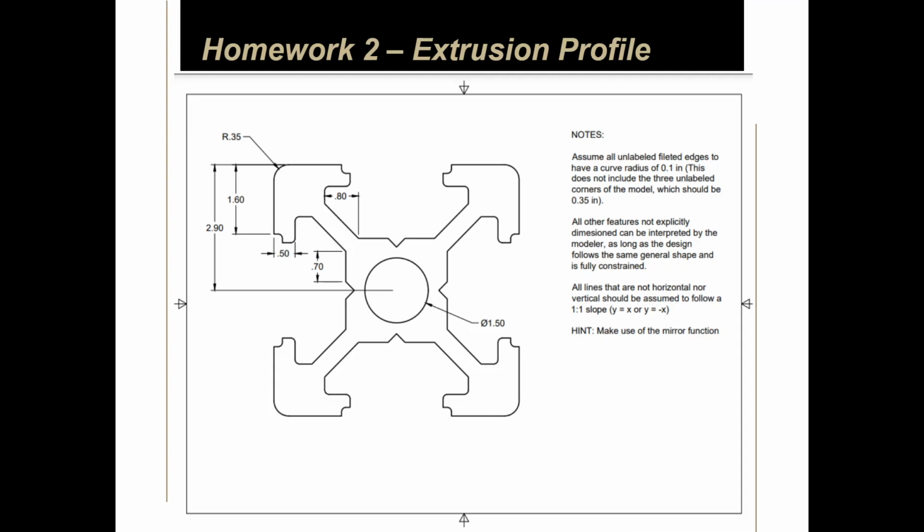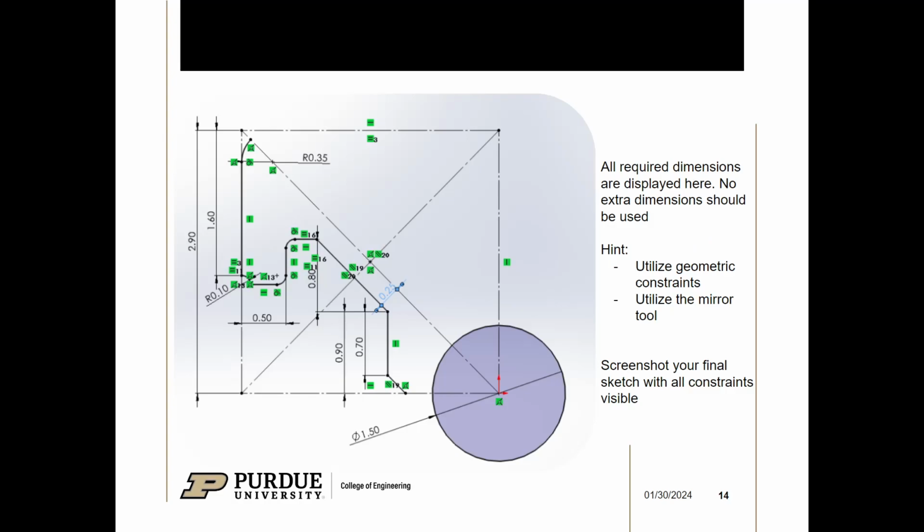So in this photo right here, I noticed that it doesn't actually have all the geometric constraints that you need. In the next slide, it has all the correct ones. So you shouldn't need to use these dimensions more than once. All of these are all that you need to create it.